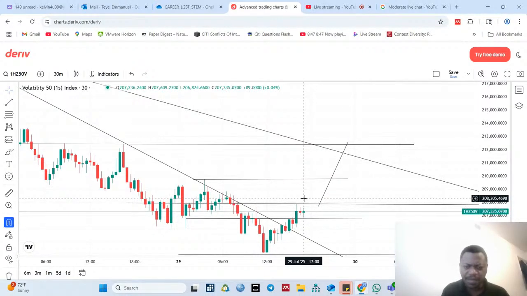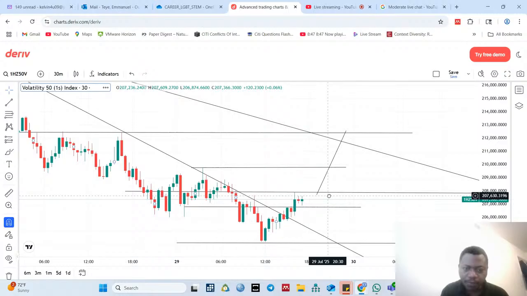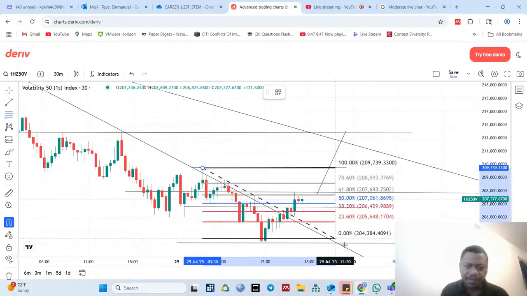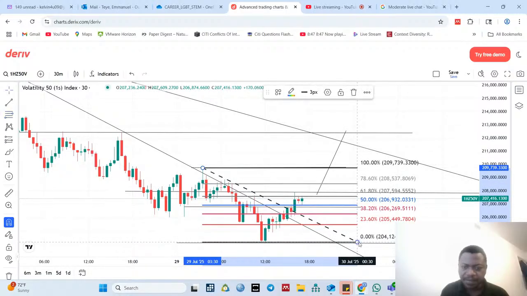close above this area. And then on the next 8 hour candle, we will expect a possible pullback. And after it closes above this area, you might expect a possible pullback.